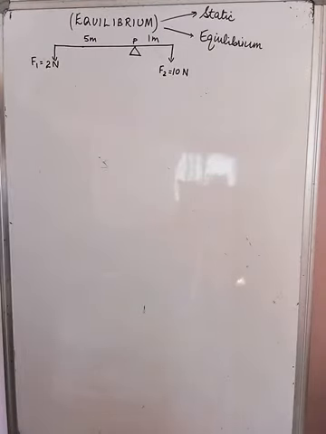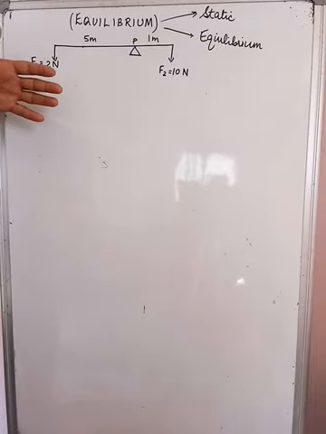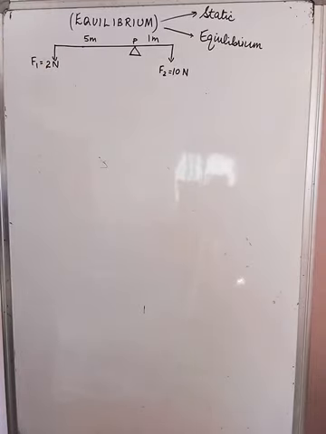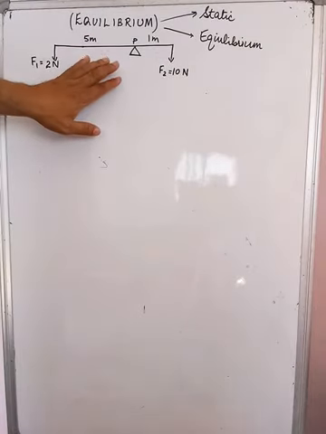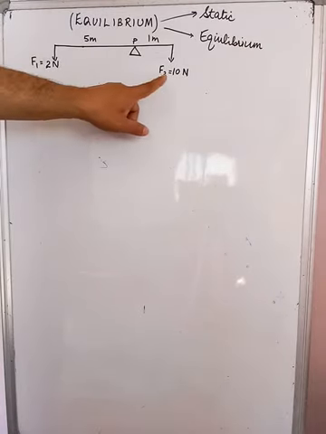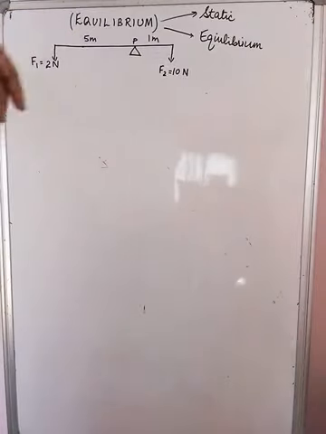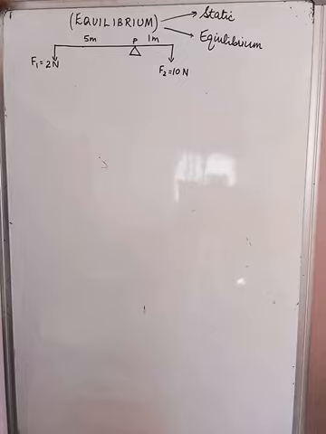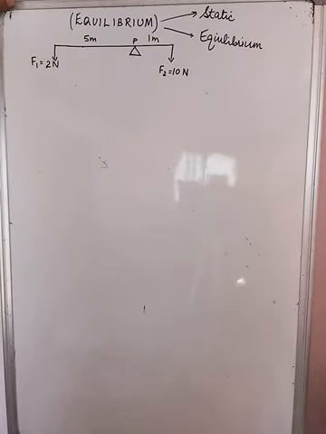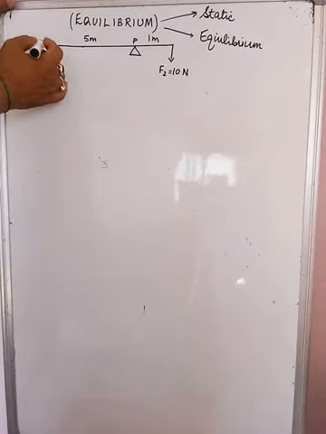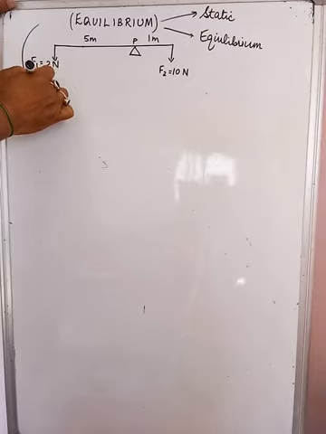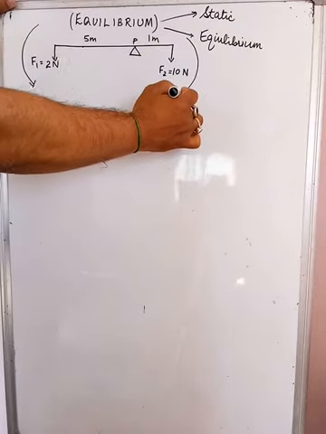But before we go into the details of this, let us get a basic general understanding of what the term equilibrium means. Just a few minutes back, we had studied couple. A couple had two forces whose magnitudes were the same and which acted in different directions. Now have a look at this particular scenario. There are two forces acting, but both of them are acting downwards. The pivoted point is over here. This will create a turning effect in this direction, and this will create a turning effect in this direction.